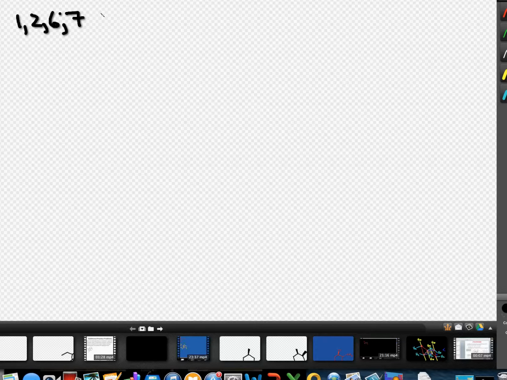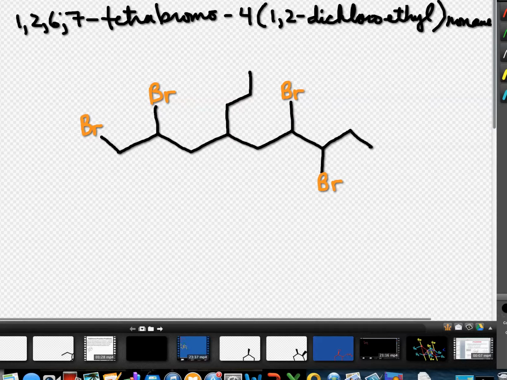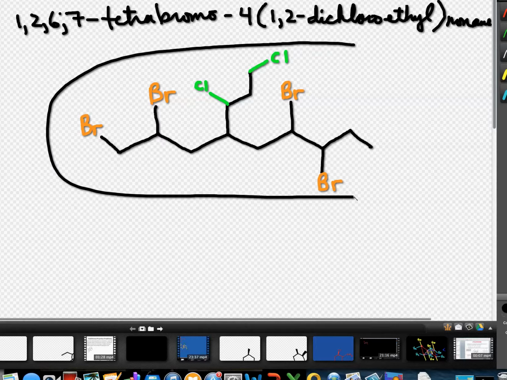And off of carbon 4, I have an ethyl group that has 2 chlorines, at 1 and at 2. And I have successfully drawn this molecule.